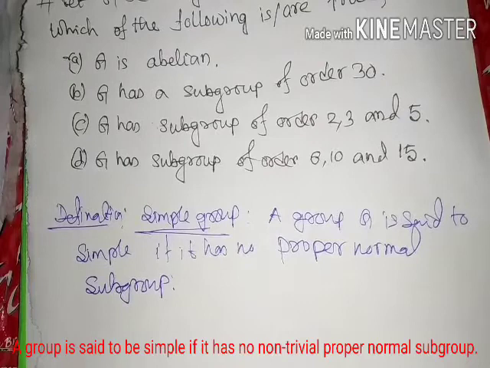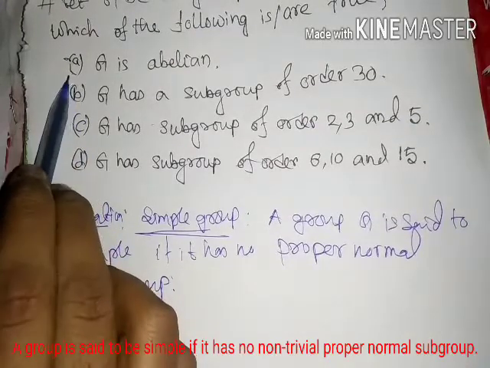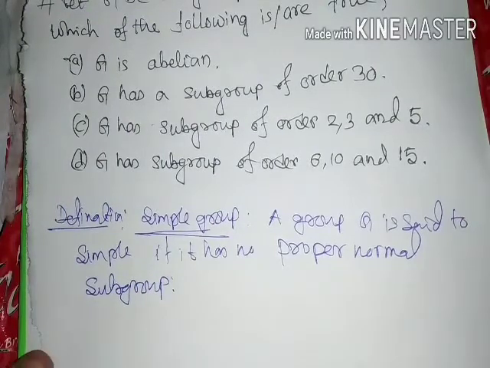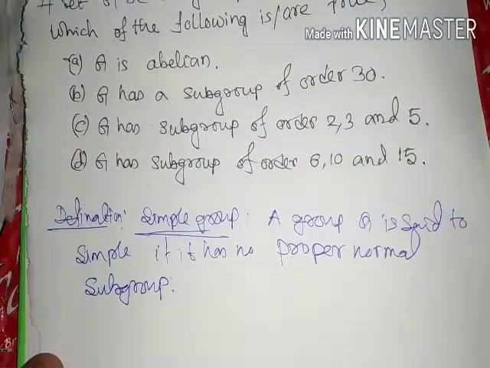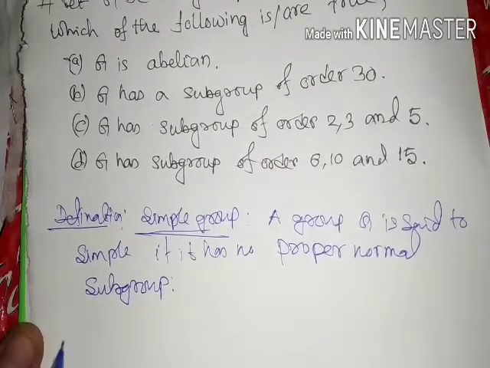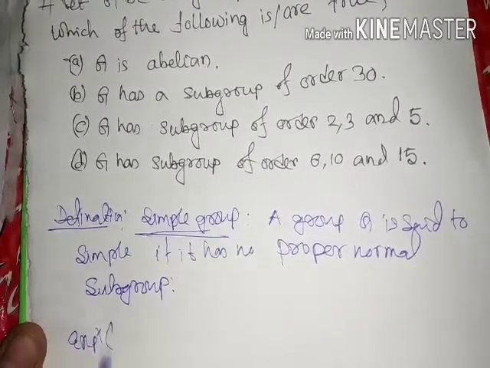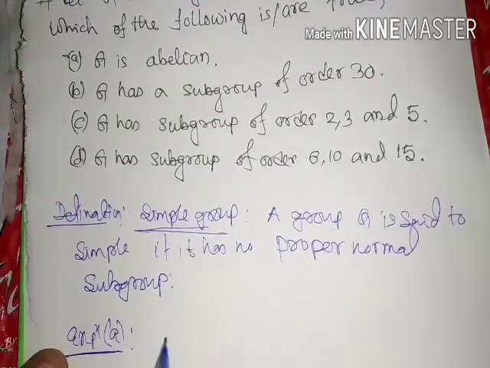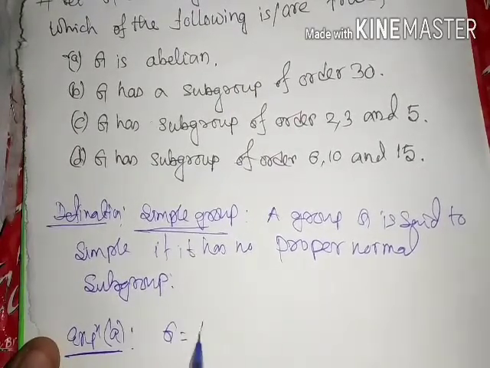Let's go to the options. First option, G is abelian. Actually, this option is false. Why? Explanation of option A. Let G be equal to A5.